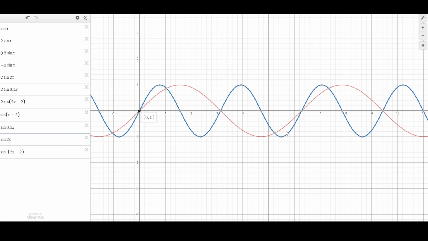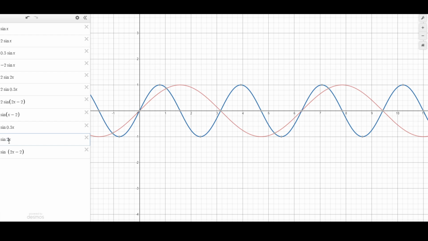Instead of from 0 to 2 pi, which is one normal period, it became 0 to pi, right? In order to calculate the period given an equation, you need to divide the normal period, which is 2 pi, by this factor right here, this 2.